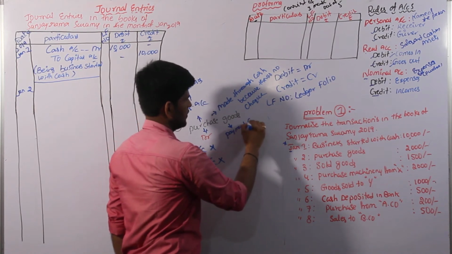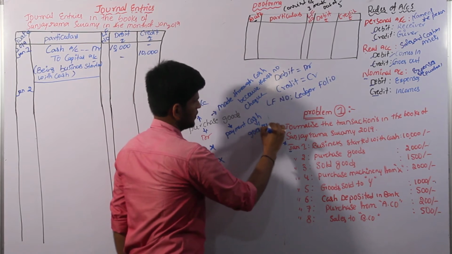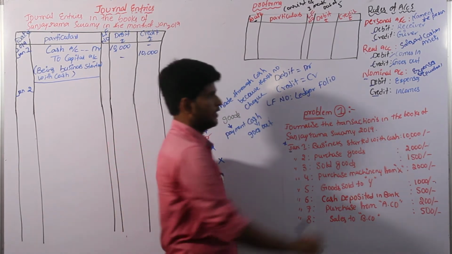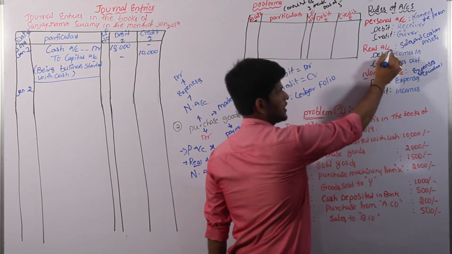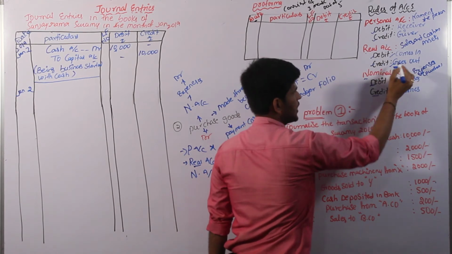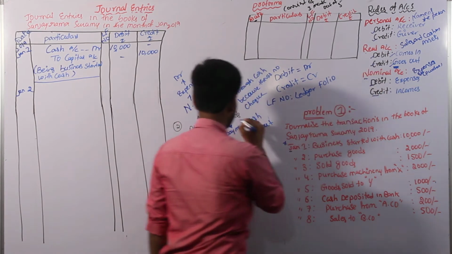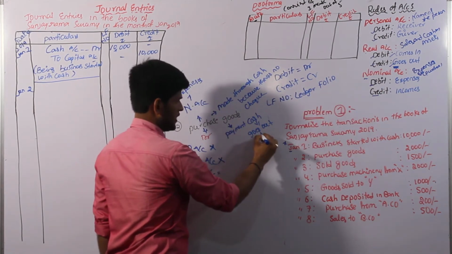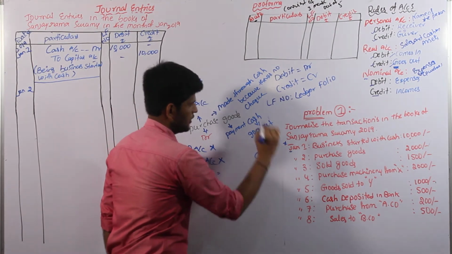Payment cash. Cash goes out. If the cash goes out, the going out transaction is in real account. Real account consists of 2 systems: debit comes in, credit goes out. We are paying cash, so the cash goes out. Then the amount is represented on the credit side as cash.